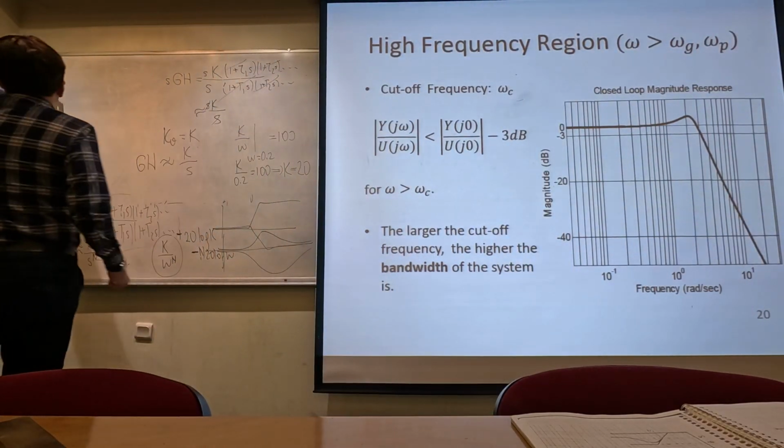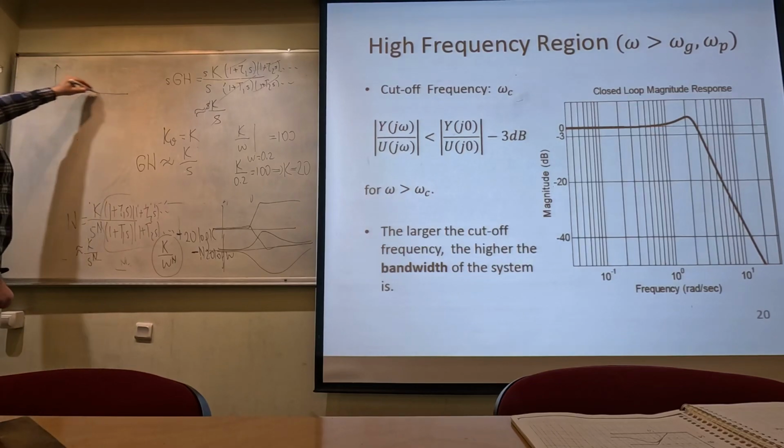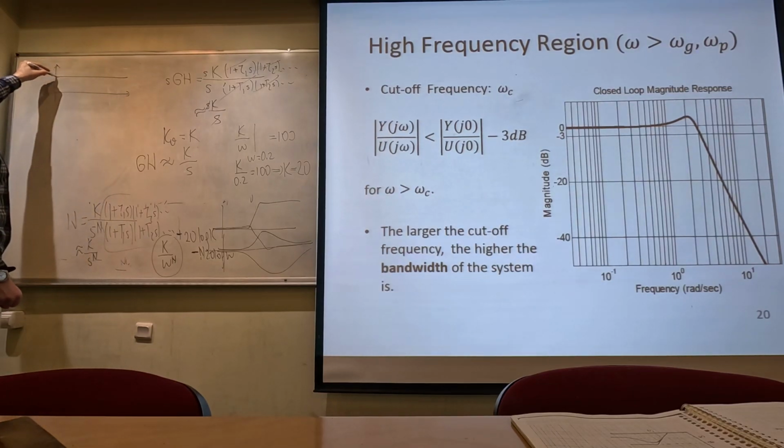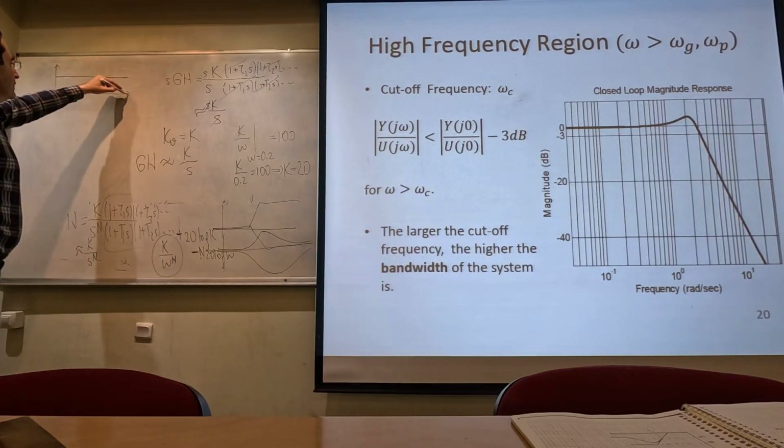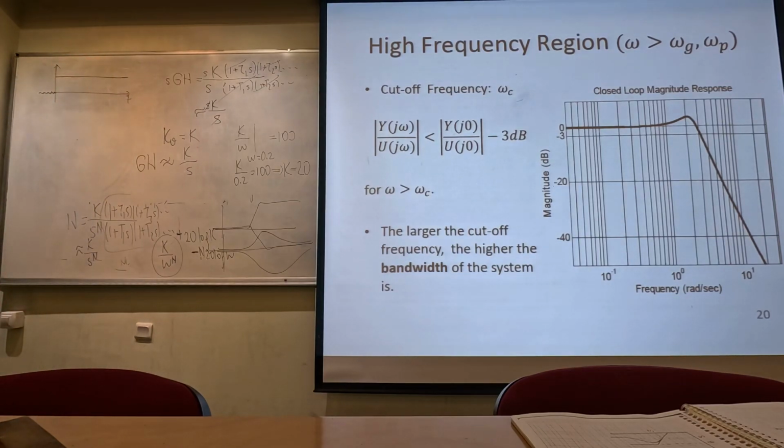So here, if this is my input to a low pass filter, this is a unit step input. If I give this input to a low pass filter, what kind of response would you expect? There is a sharp change here, and this sharp change represents some high frequencies.